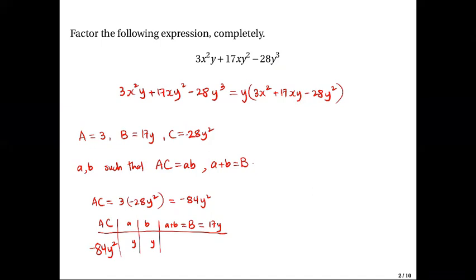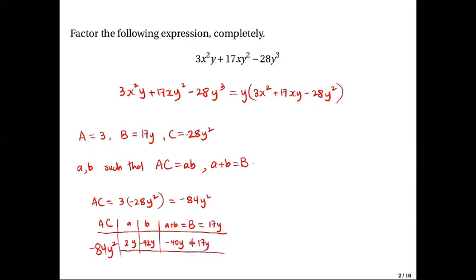You can try 42 and 2. Let us put the negative on 42, so if you add them, you will still get a negative value. But you will see that this is negative 40y, so this is not equal to 17y.